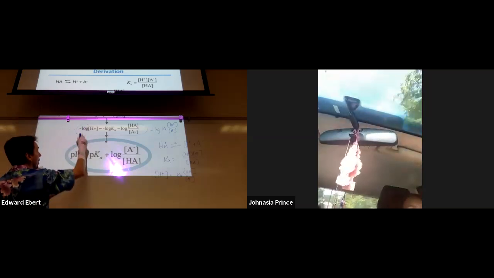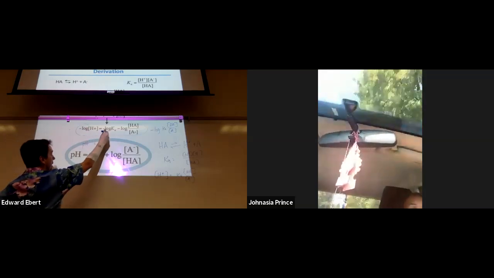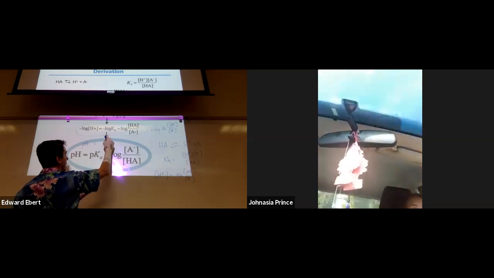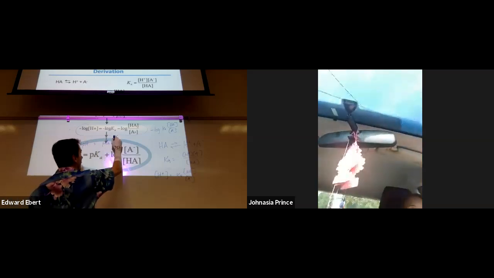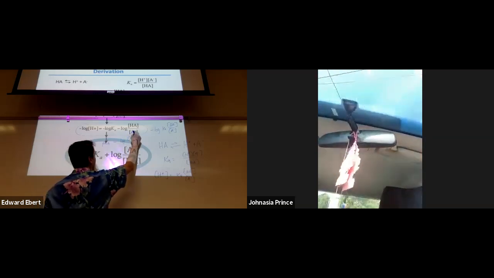If I look at this negative log of H plus, I can just call that pH. Negative log of Ka is going to be my pKa. And now I have the negative log of HA over A minus.